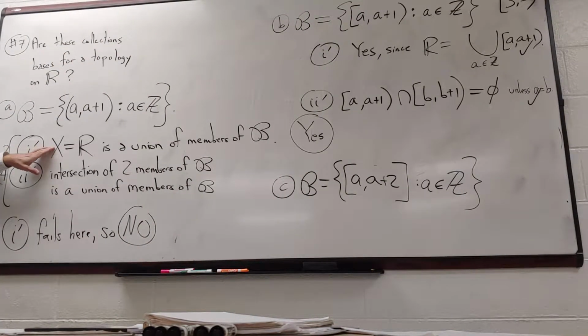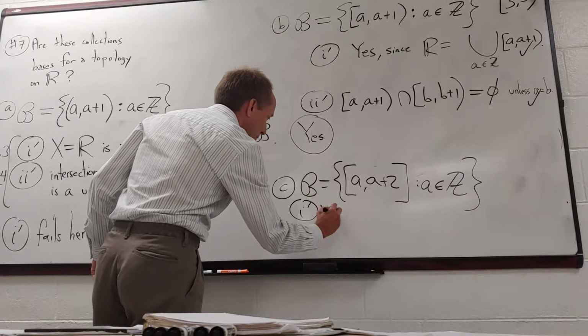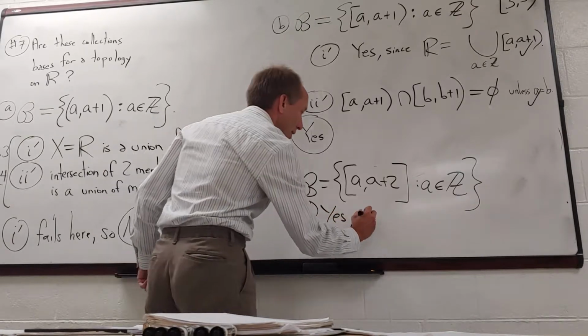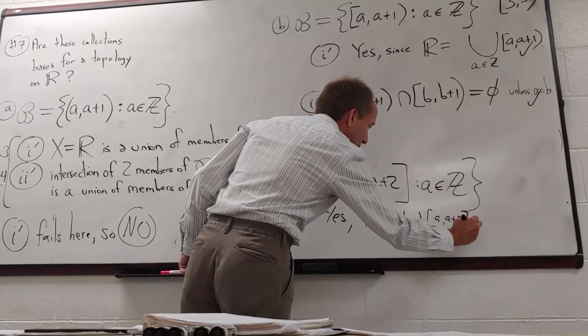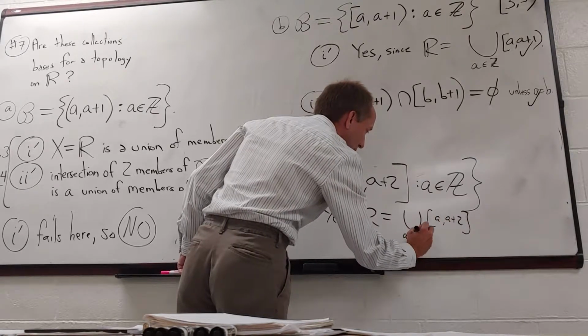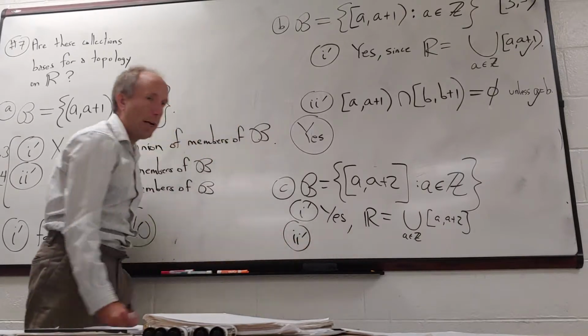Is the whole real line going to be a union of those? Yes. Okay, so I prime is yes. R is equal to the union of the closed interval from A to A plus 2, where A is in the integers. What about the second part, the double I prime?